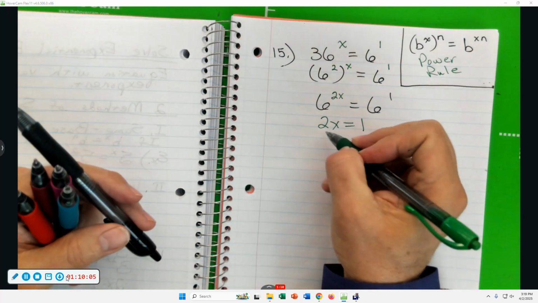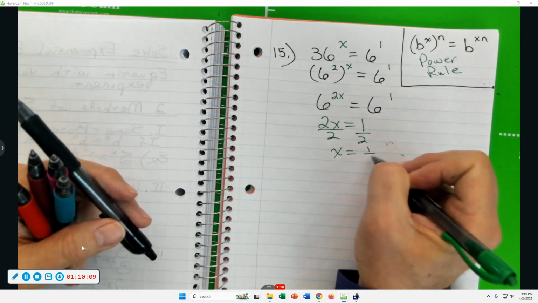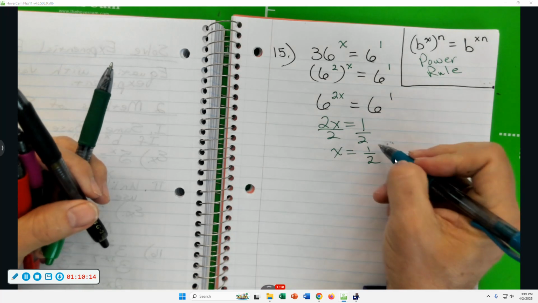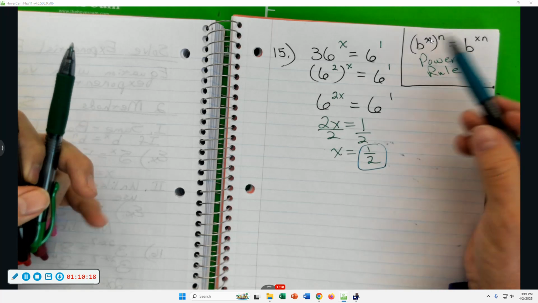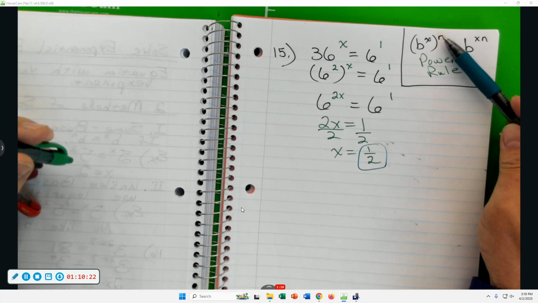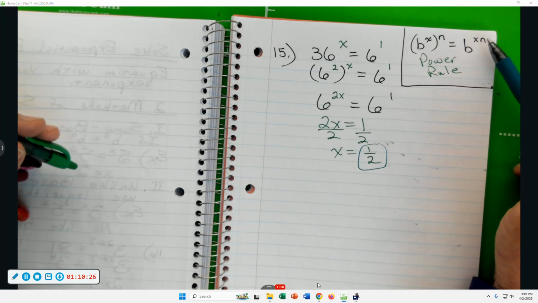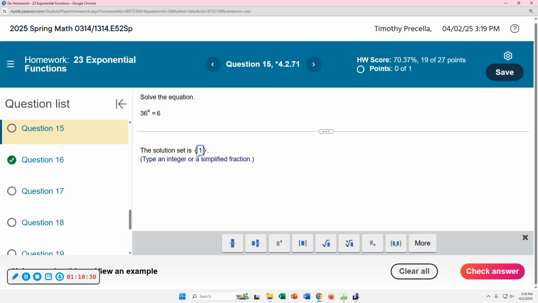Divide by 2 to give us x equals 1/2 for my final answer. Any questions there? Add this power rule to your bag of tricks, because you're going to be running into powers raised to powers, that means you're going to have to multiply to get a single power.